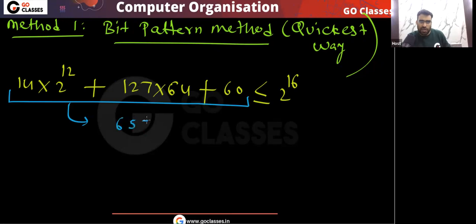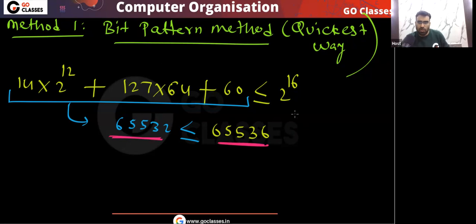Very good. 65532 is less than or equal to 64 multiplied by 1024, which is 65536. Is this value correct? So you can see this equation is satisfied, yes or no?